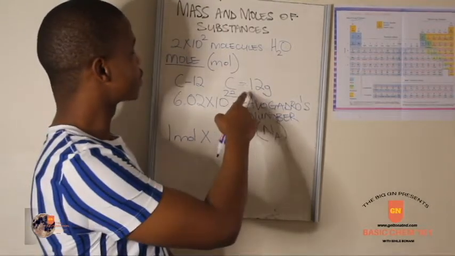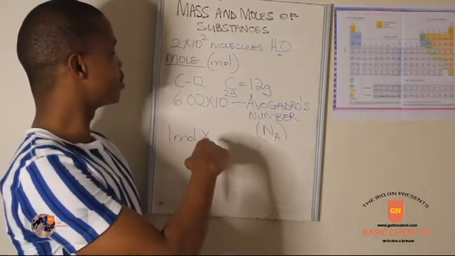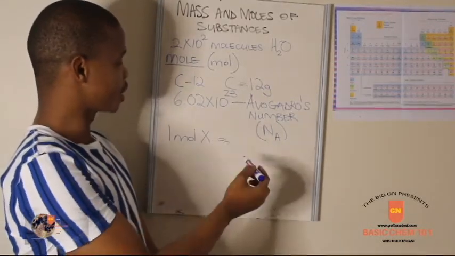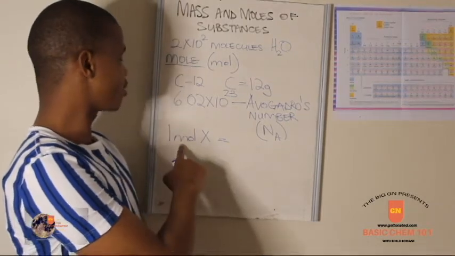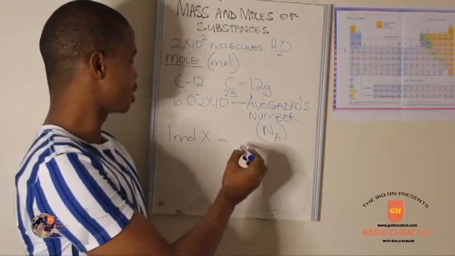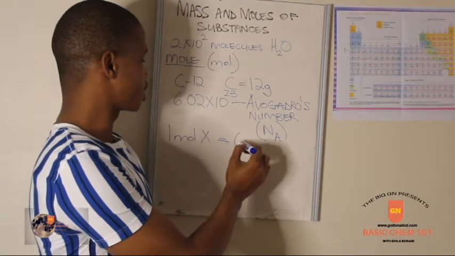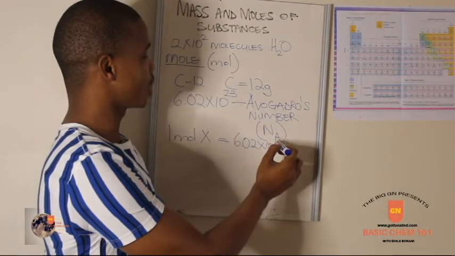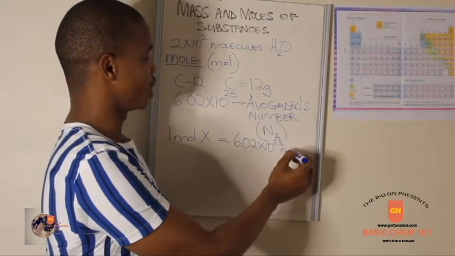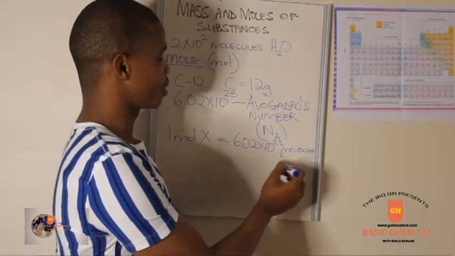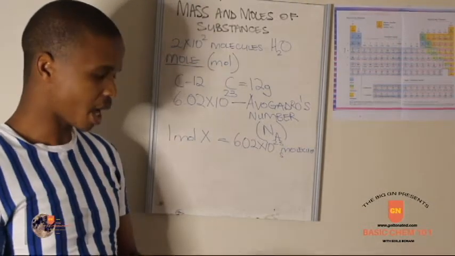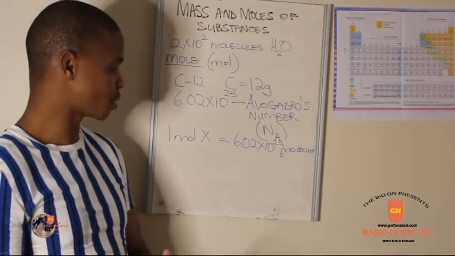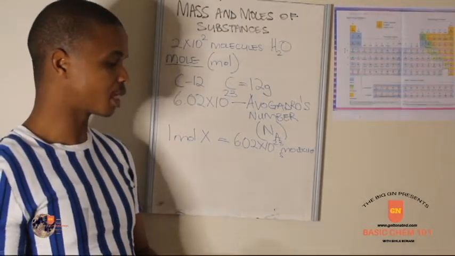If the number of carbon atoms in 12 grams of carbon is this number, it means every mole of any compound is equal to 6.02 times 10 to the power 23 molecules or atoms or ions, depending on the formula units or what is needed in that equation.